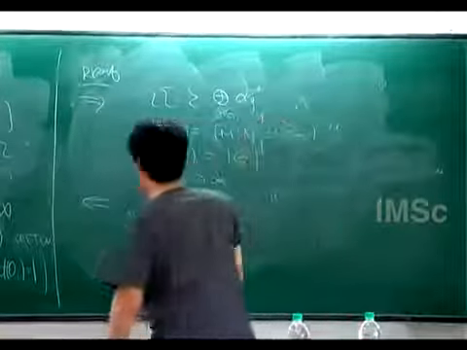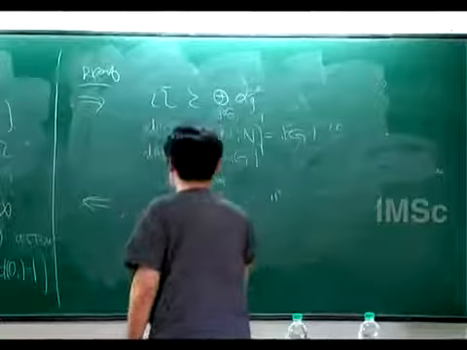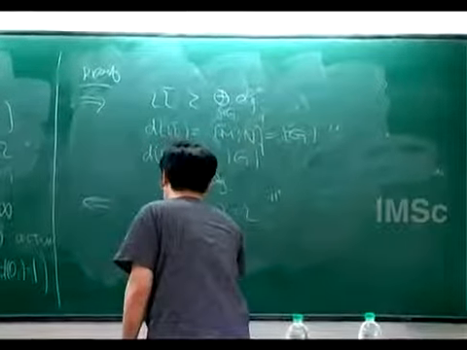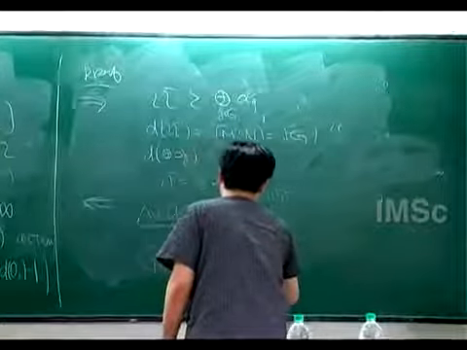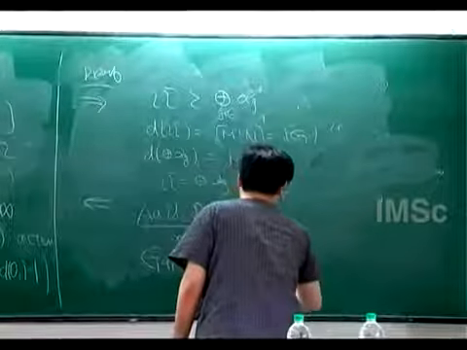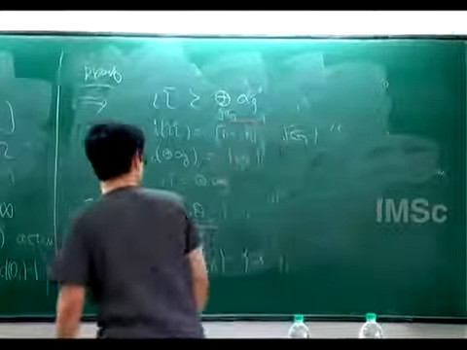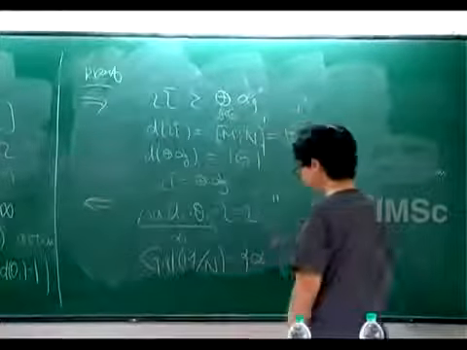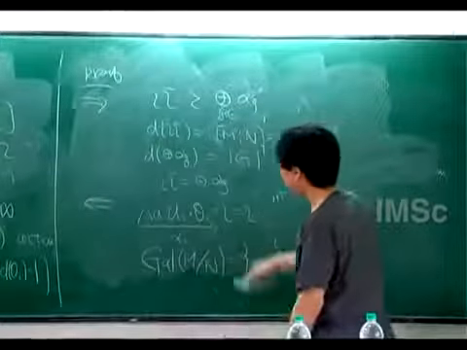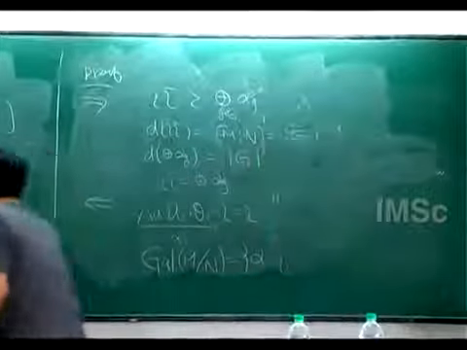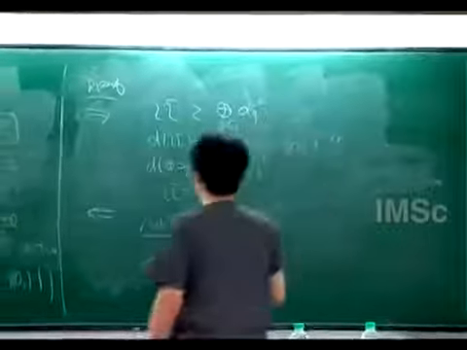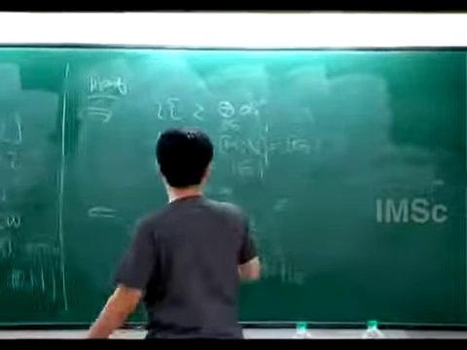Then you have the Galois group consisting of the alpha i's. Let's call this index set I. Again comparing the dimension, you get an equality.